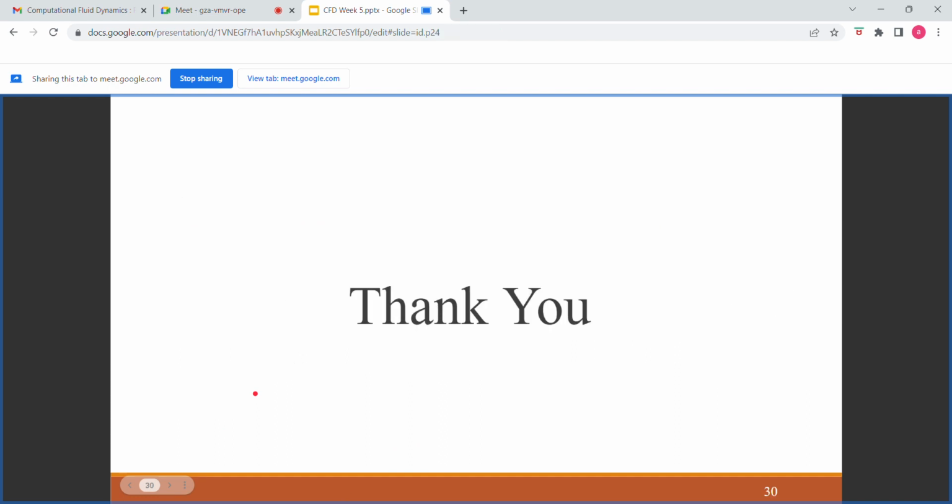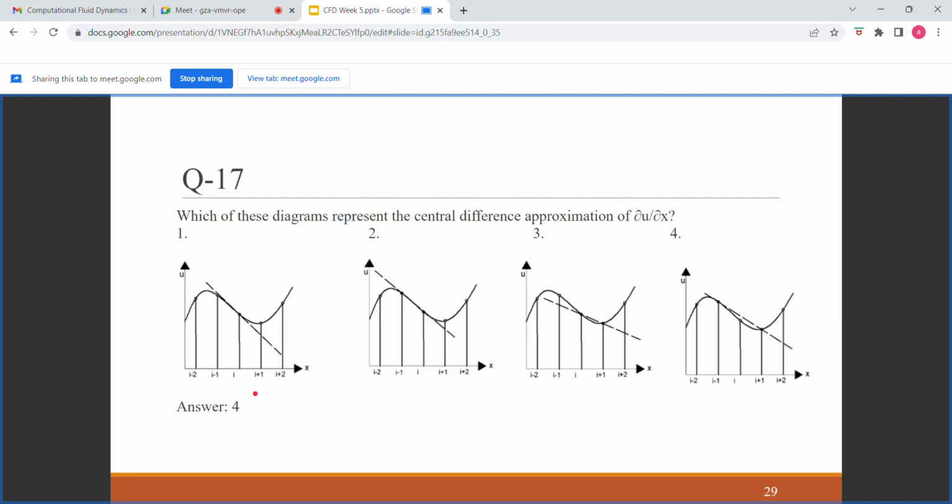So these are all the questions for today's session. In today's session, we saw the finite difference approximations followed by a few problems on stability, convergence, consistency, and so on, like the Lax theorem.